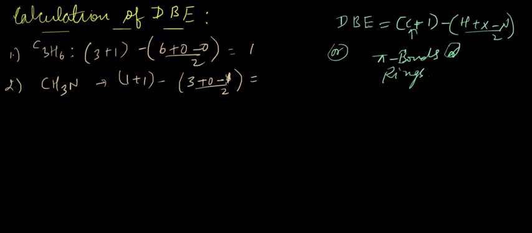CH3N. So C is 1 plus 1 minus 3 plus 0 minus 1 by 2, so that would be 2 by 2, 1, and so the answer would be 1. Okay, DBE for this.